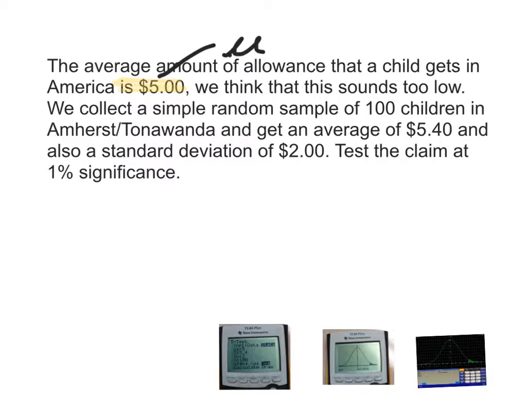We collect a sample of 100 children in Amherst and Tonawanda, so we've got a total of 100 children, that's our N, and we get their average is $5.40. So that's not coming from the population, it's coming from just our sample, so it is our sample average. And also, the sample has a standard deviation of $2.